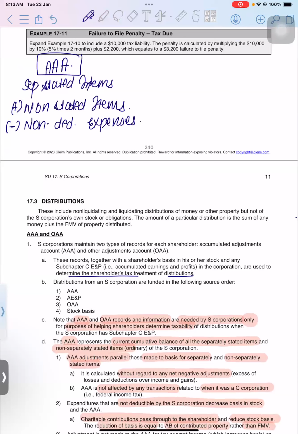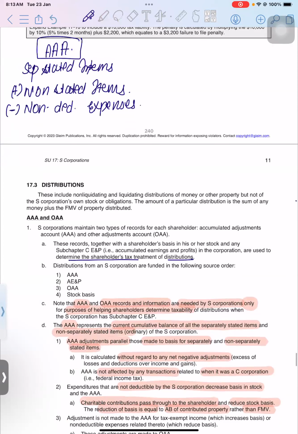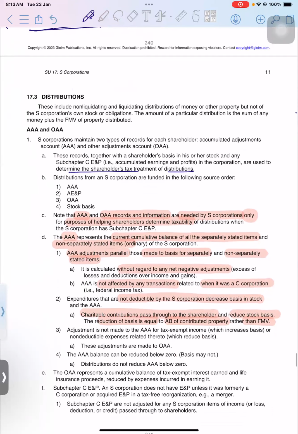What you will do is straight away take the adjusted basis of that property, and that will be considered as your Schedule K item. Since it's non-deductible on page 1, I can also call it a separately stated or non-deductible expense for the corporation. I will reduce it from my AAA and also my stock basis.